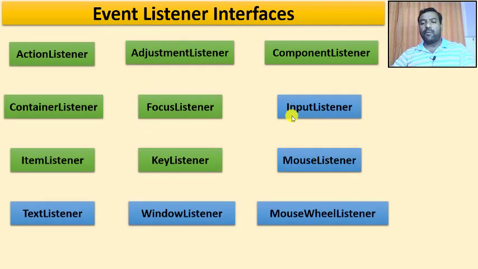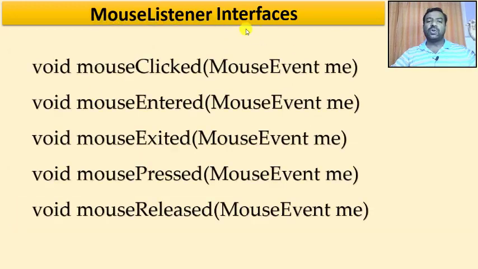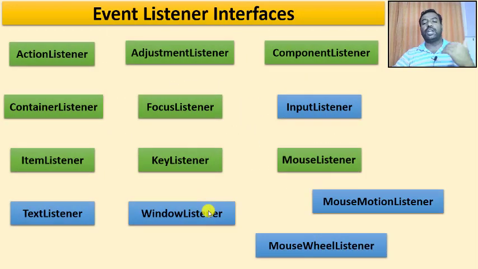The mouse listener has 5 methods, and all of them should be defined: mouse clicked, mouse entered, mouse exited, mouse pressed, and mouse released. You need to handle all these methods if you're dealing with mouse input.